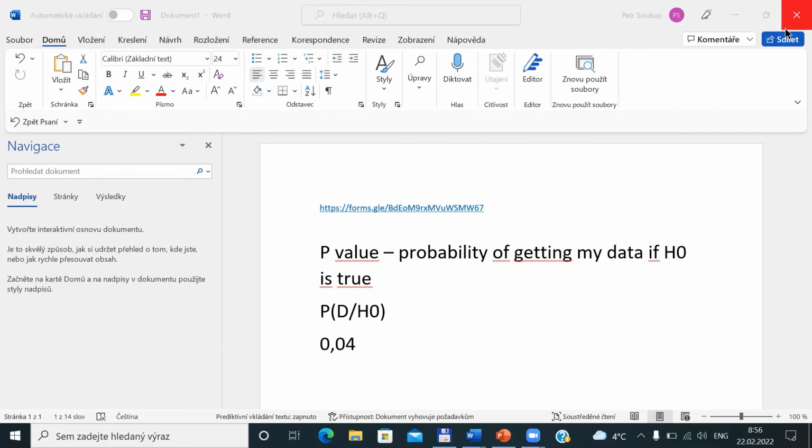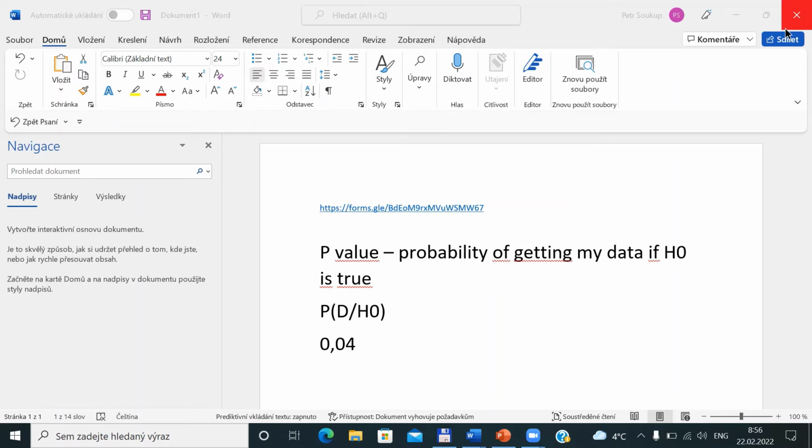I must say they were totally surprised when I started the seminar about p-value by distributing the test in paper version, and then we were discussing the results. So I think that this test is not good only for evaluation, but also for teaching. That's why I'm using it here in this advanced course at the beginning.